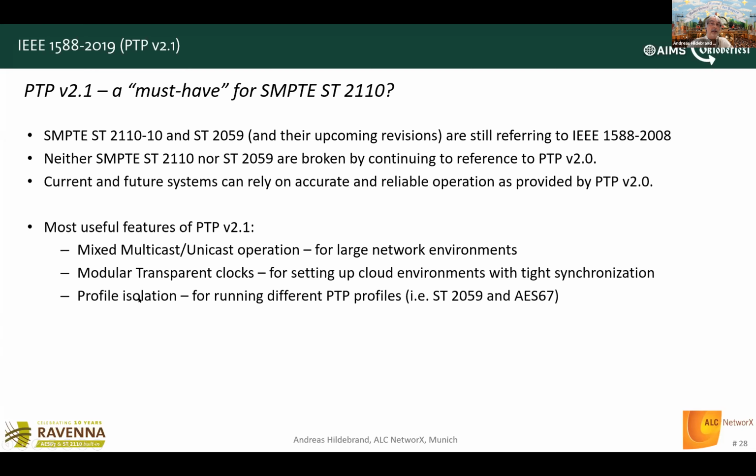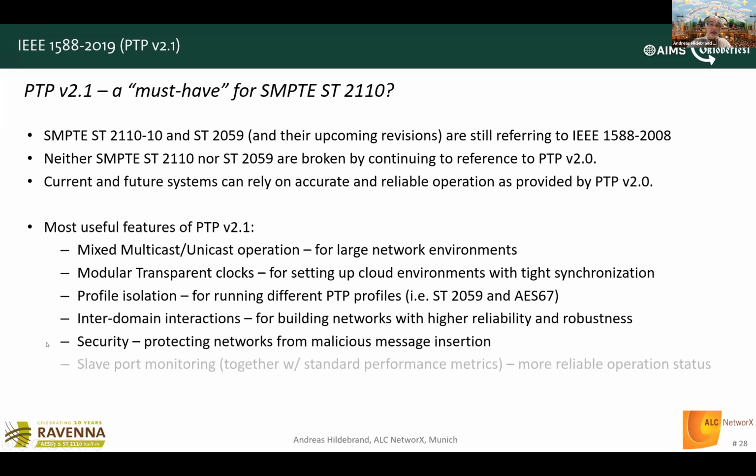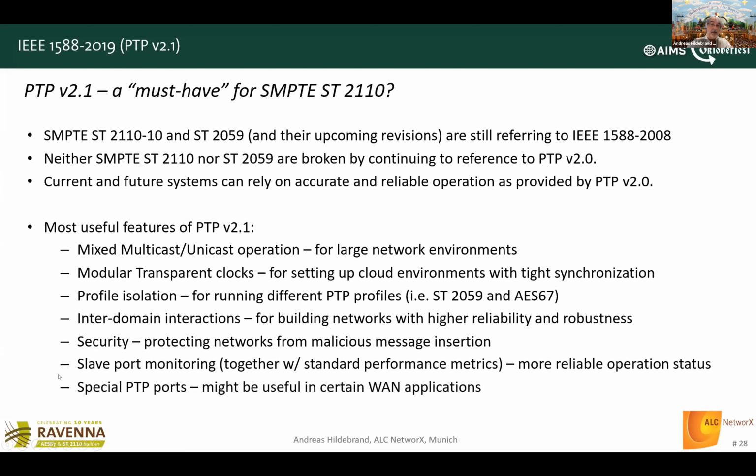Profile isolation may come in handy when we are working with different PTP profiles, as well as the interdomain interactions if you want to build very robust and reliable clocks. And security, of course, is something which also adds to 2110 and any media over IP technology. Slave port monitoring goes in a similar direction, so we can reliably and uniquely monitor what's going on in our slave clocks.